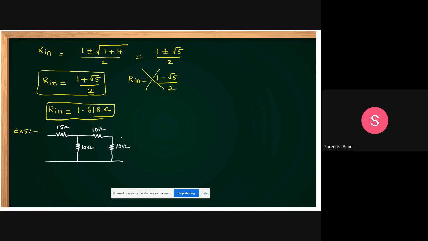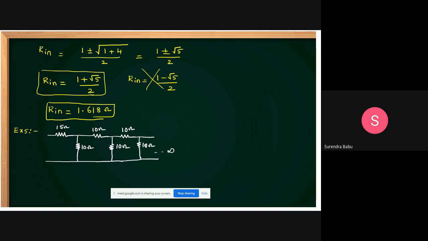Next, this also 10 ohms. Yes, friends, this also 10 ohms. And this is 10 ohms. Infinite and so on infinite. Can anybody answer this?